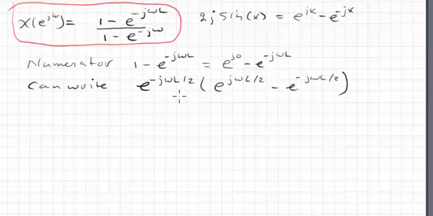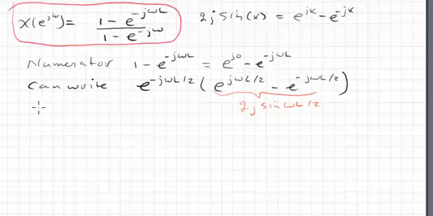I just factored out an exponent. If you multiply this through, this times that, you get 1. This times that, you get e to the minus j omega L. So I haven't changed anything, but I've factored it so that in here we get the Euler identity, 2j sine of omega L over 2. That's exactly what I want to do.